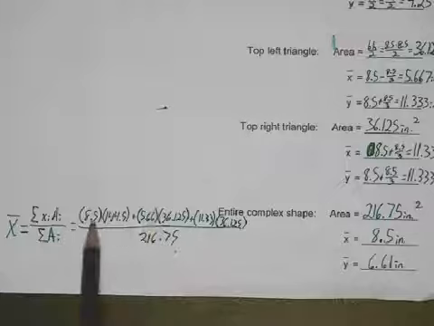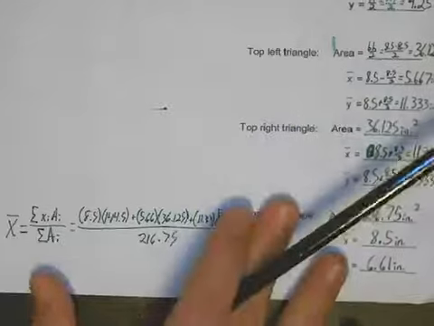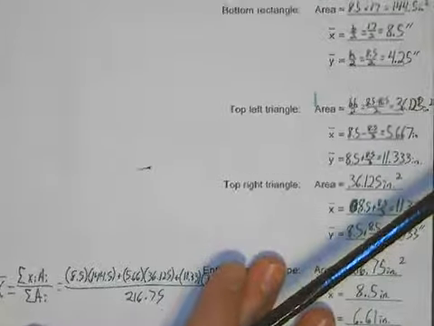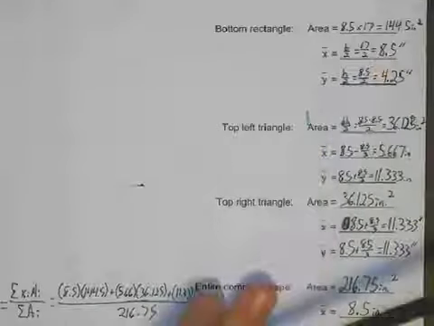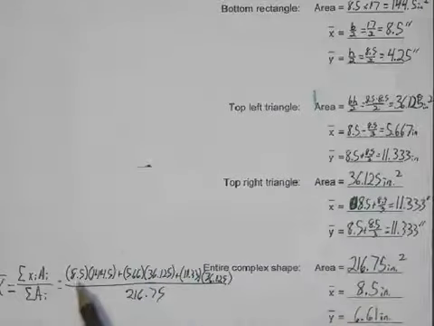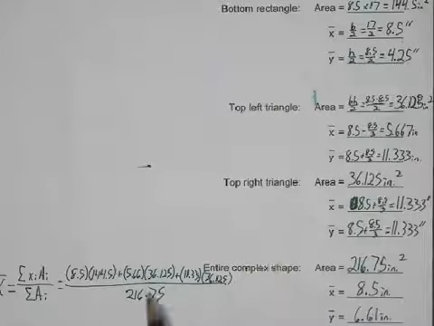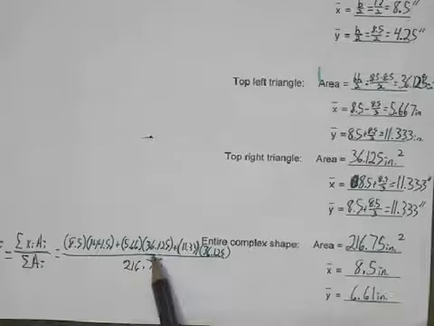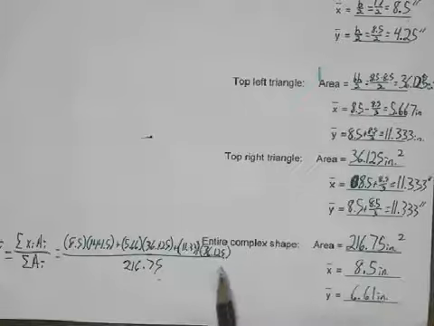For the rectangle, the area is 144.5 and the x centroid is 8.5, so I did 8.5 times 144.5, x bar times area, plus my 5.667 times 36.125, plus 11.33 times 36.125.